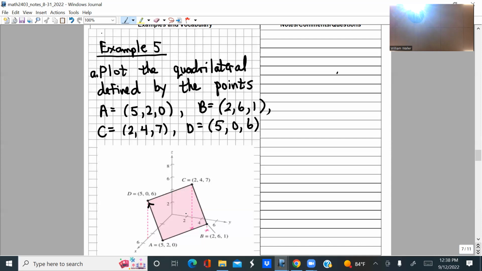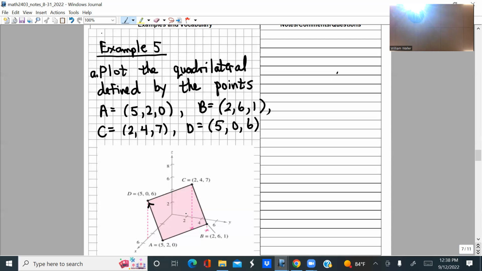Notice it's kind of a square, but it's a little bit tilted because this bottom part does not sit on the XY plane. This point is slightly elevated above the XY plane, that's the 261.